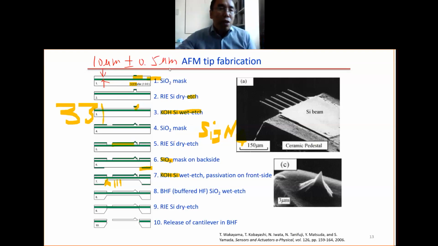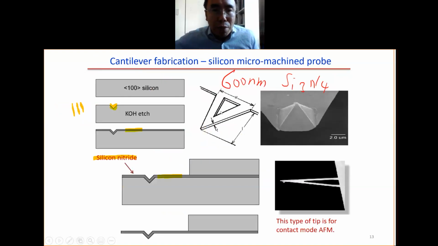It's very inaccurate. If you etch the silicon and leave behind 3 micrometer, then it will become 3 plus or minus 0.5 micrometer. It's very inaccurate. But in this case, the cantilever thickness is determined by the film thickness. It's very well controlled. That's why you can get a very thin cantilever.